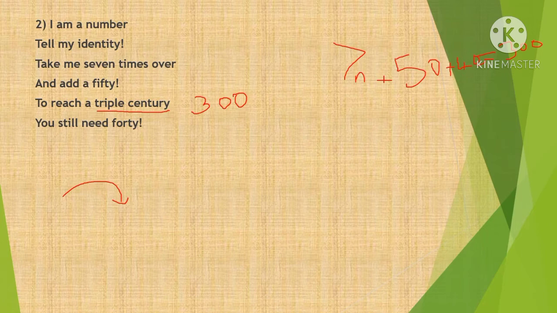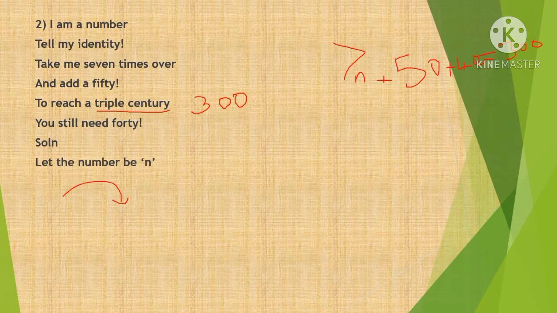To reach a triple century. What is century, children? Century means 100. So triple century means 300. To reach the triple century, you still need 40. Okay, for getting triple century, you need 40. Okay, so we'll take that number as, let the number be n.